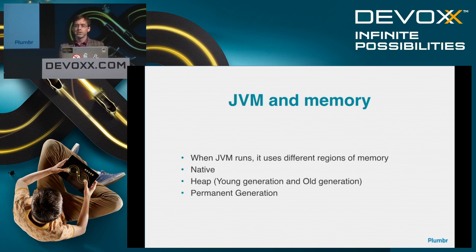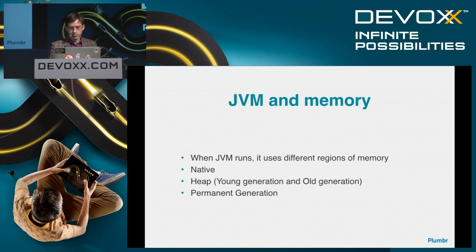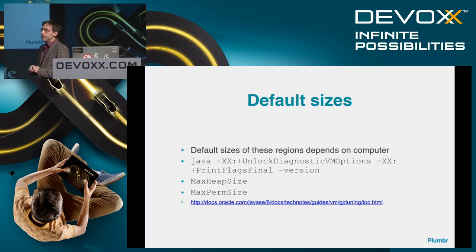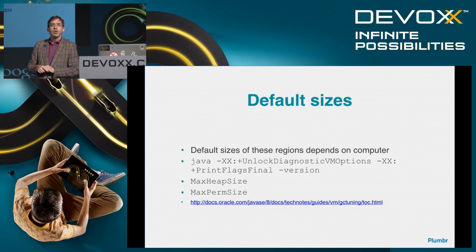So different regions in memory, and on top of that you have native memory if you use some agents, or JVM uses native memory for its internal structures. That's all easy and clear. The default sizes of those regions really depend upon your machine, upon whether you run your JVM in 32-bit or 64-bit mode.